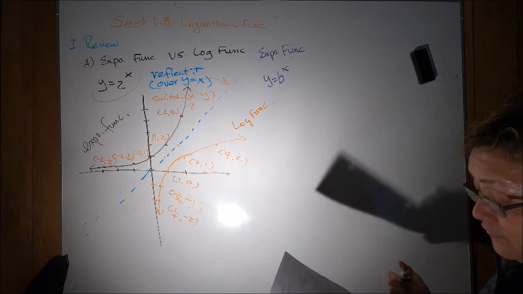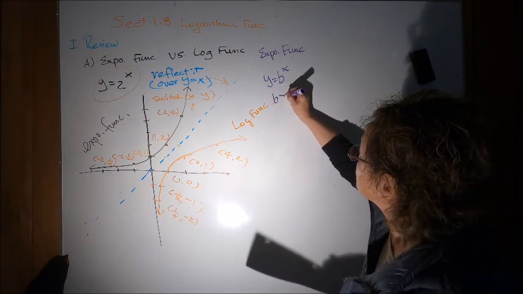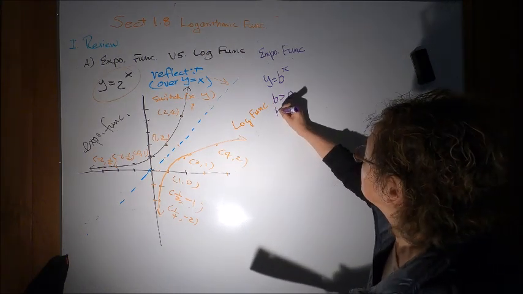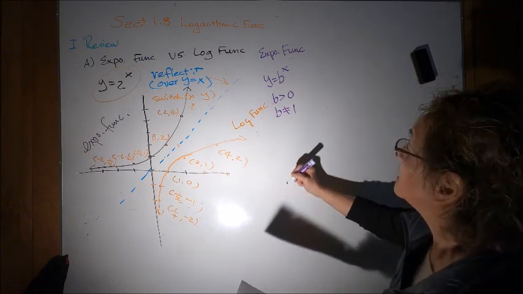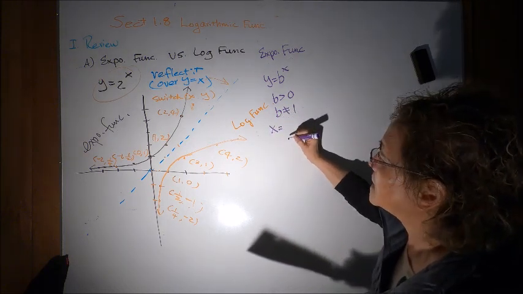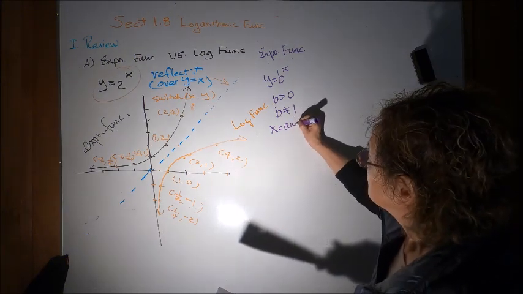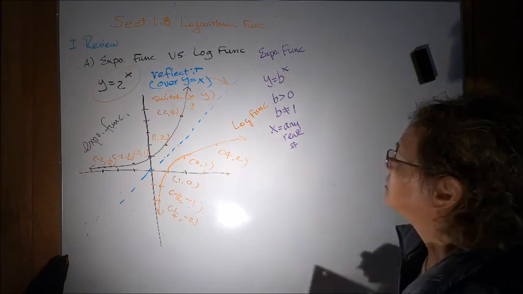So, exponential function. Usually for the base, we don't use negative. We use a base bigger than 0, and the base is not 1. Okay? Your power, x, can be any real number, right?